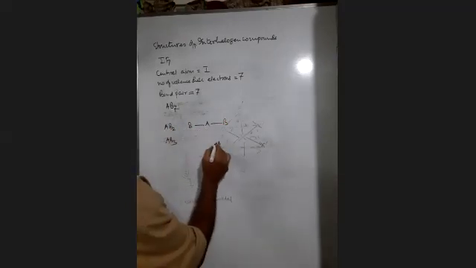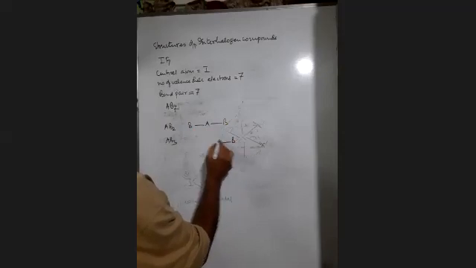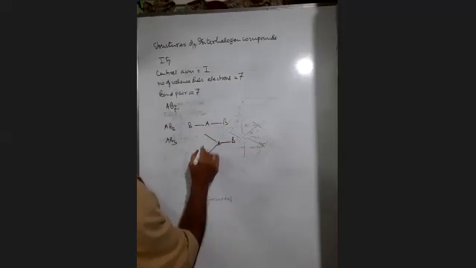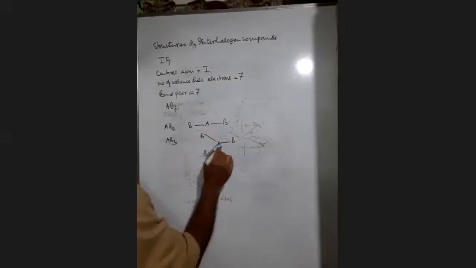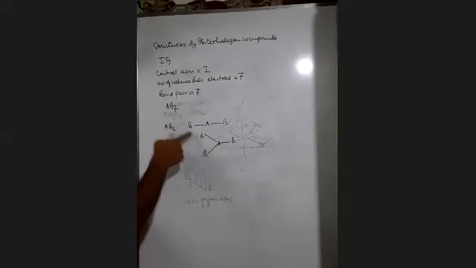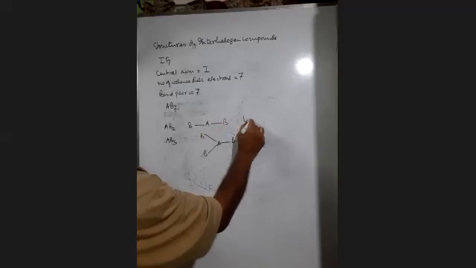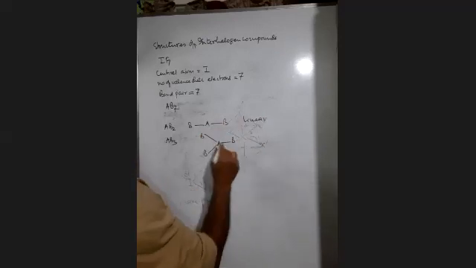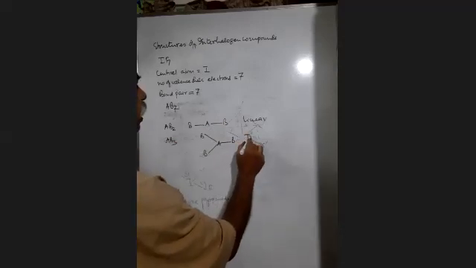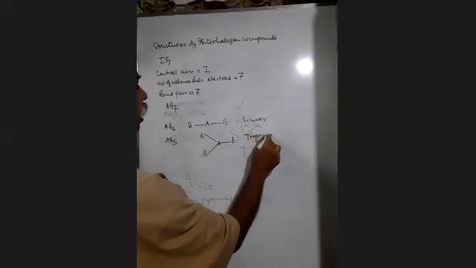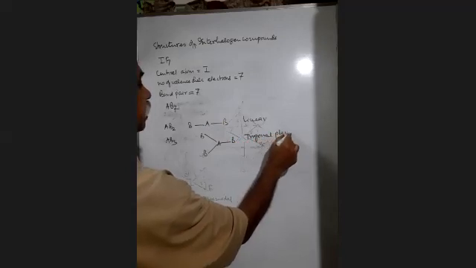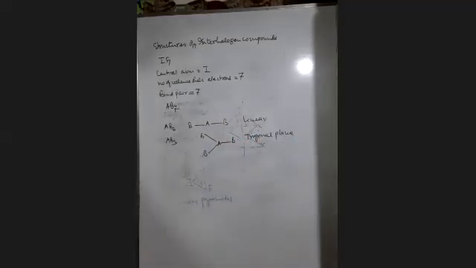To avoid repulsion, what will happen? It will be like this. This is one dimensional, this is two dimensional. This is linear. Science is not difficult. What will we call the two dimensional one? We call it trigonal planar, because it is in the same plane and forms a triangle.